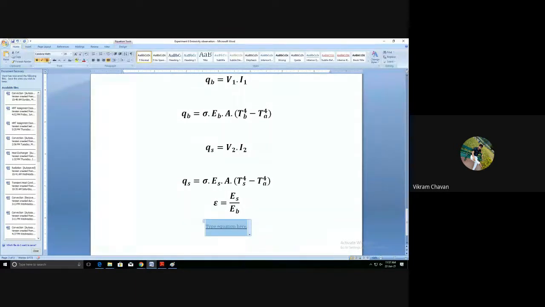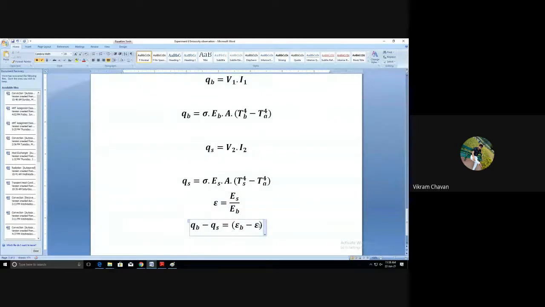So for considering this, we can consider once again this formula as Q suffix B minus Q suffix S, so net heat exchange between the two bodies, which is equal to, inside the bracket, I will consider E suffix B, the emissivity of a black body, minus emissivity of a gray body. I will consider only eta, emissivity of a gray body.